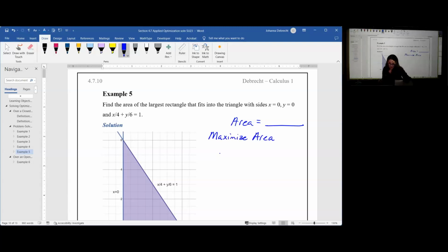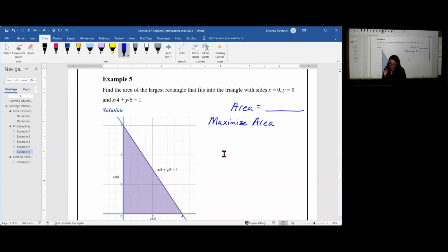Find the area of the largest rectangle that fits into the triangle with sides x equals 0. Well, that's just the y-axis. y equals 0. That's just the x-axis. And this line. Well, I don't like the form of that line, so I'm going to rewrite it into a shape that I prefer.